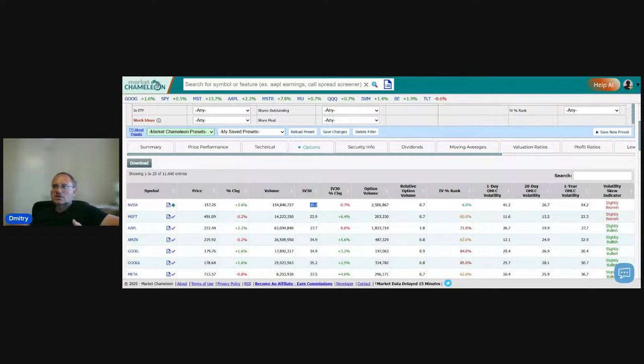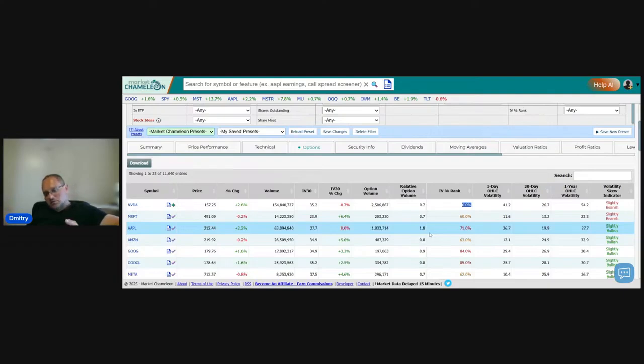You could look at the averages and look at the distance away from the low, the distance away from the high. But this IV percent rank over here looks at the last 252 trading days.